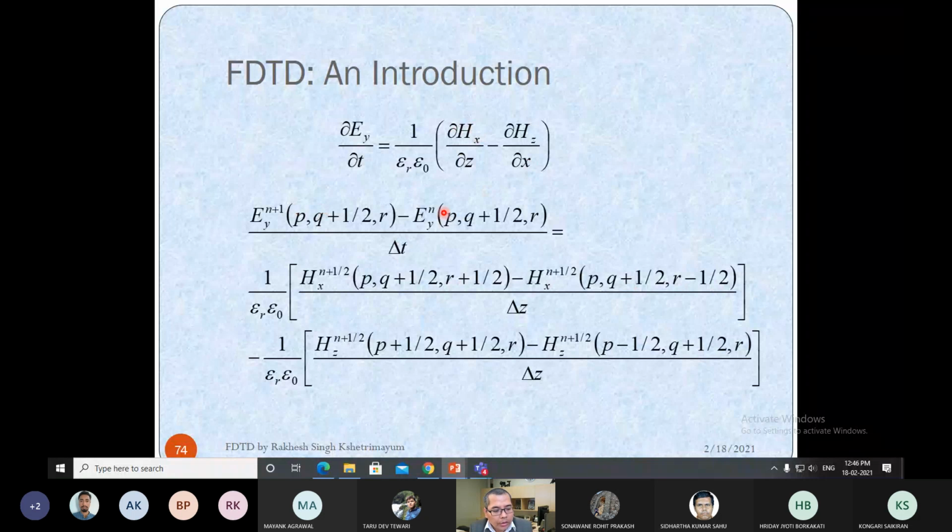Now we have taken n plus 1 and n here, in between you have n plus half, so n plus half here.